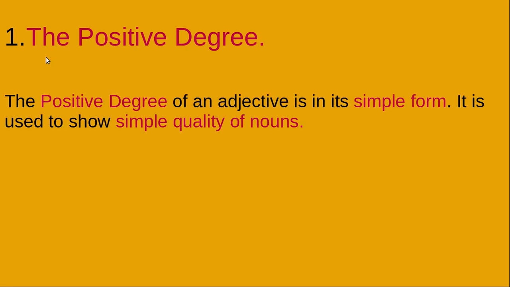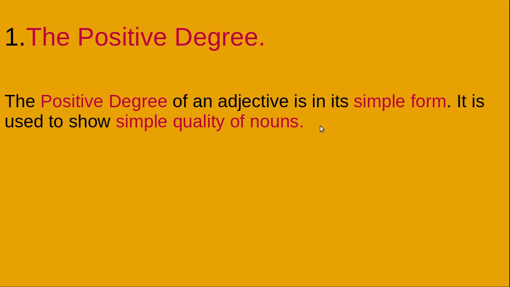Such a situation is the first case. Then we call them to be in the positive degree, right? The positive degree of an adjective is in its simple form. Got it? And it is used to show a simple quality of nouns.